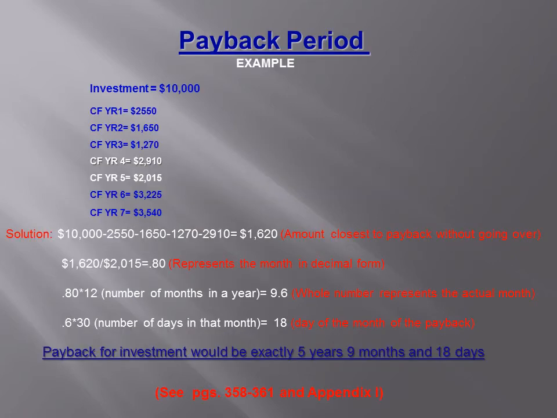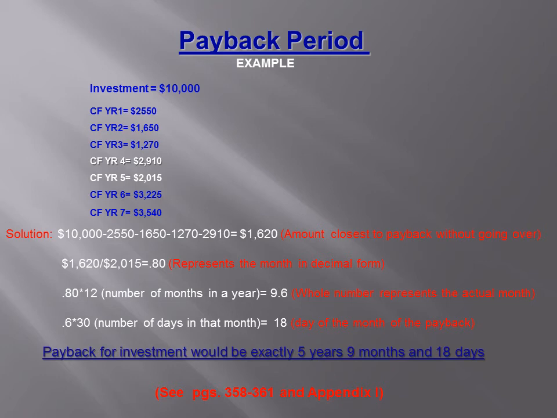So here's an example. $10,000 investment. You're expecting the life of this asset, let's say, to be 7 years. And here are your current cash inflows. Because the cash inflows vary, you would not be able to use the annuity method in calculating your payback.